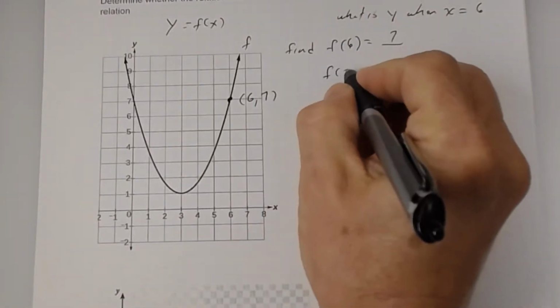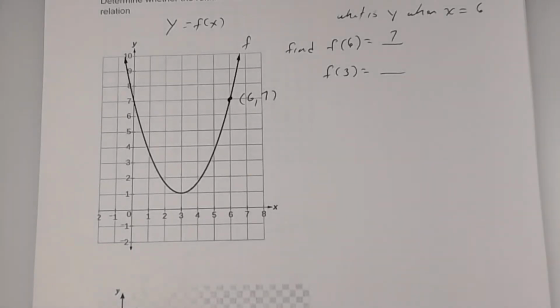All right, let's try this one. Let's find f of 3. What do you think is going to go in that blank? You have that on your test, so make sure you can do this. F of 3, someone says 1. Does anybody else have an idea?